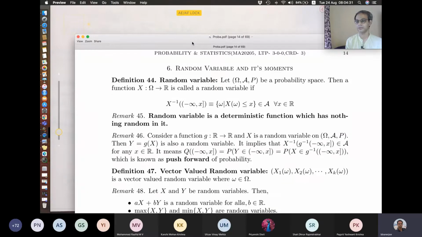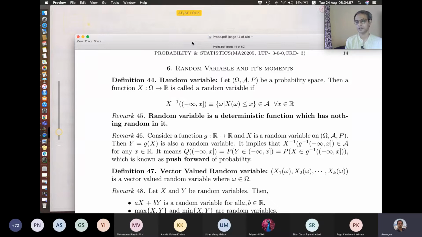And the set we usually consider for the definition of random variable is like minus infinity to x, where x belongs to R. So a random variable is a deterministic function which has nothing random in that function. Only the input omega, the outcome of a random experiment, you may think of.